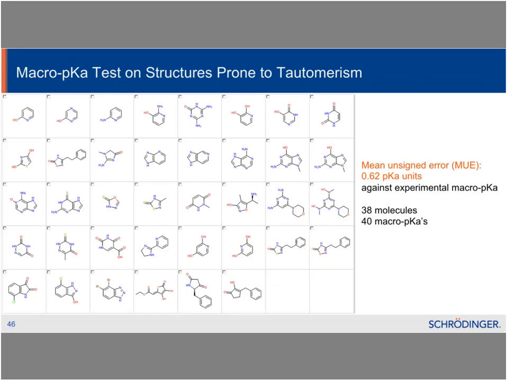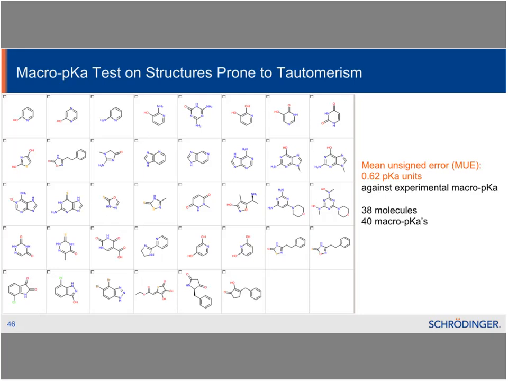We did multiple such calculations, so I'm showing just some glimpses of such results. Of course, we are running macro pKa calculations on all kinds of things, and here is just a slice of some of those results. Macro pKa test on structures prone to tautomerism. There are 38 structures in this test set. Notice that these structures are fairly nasty.